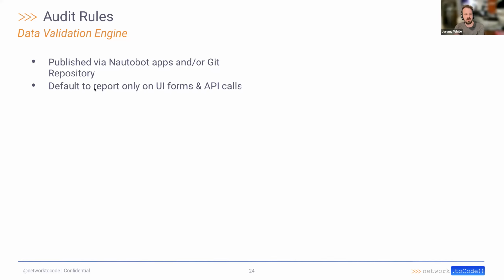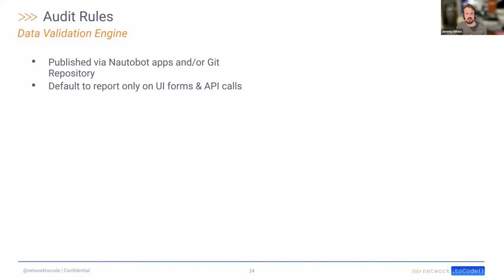And one thing to keep in mind is the default behavior for any of the custom validators, audit rules, or validation rules within Data Validation Engine. As we're implementing our automation and managing our Nautobot instance and our Nautobot jobs, the default behavior is directly tied to performing a clean method on the actual model itself.